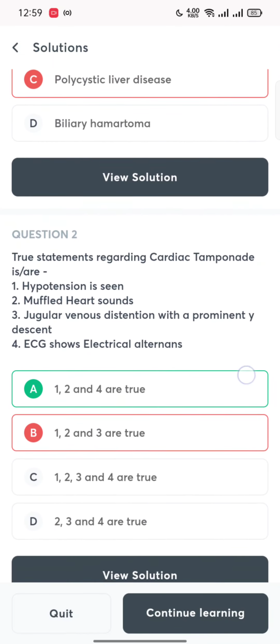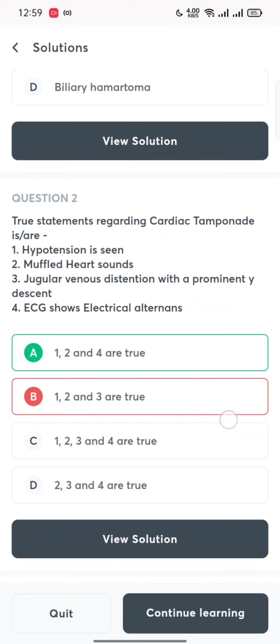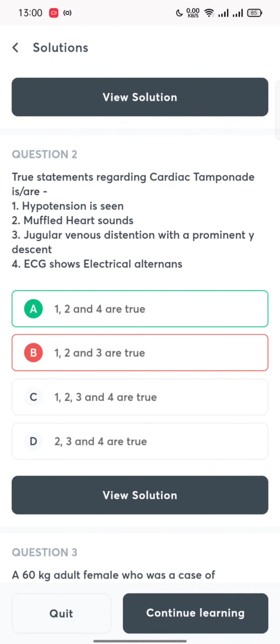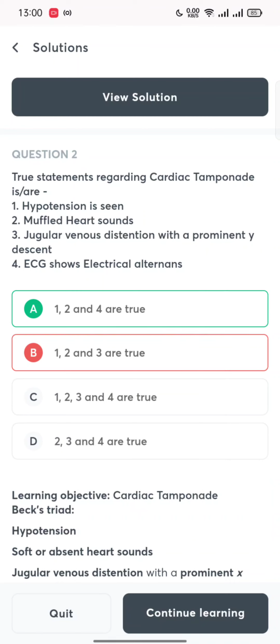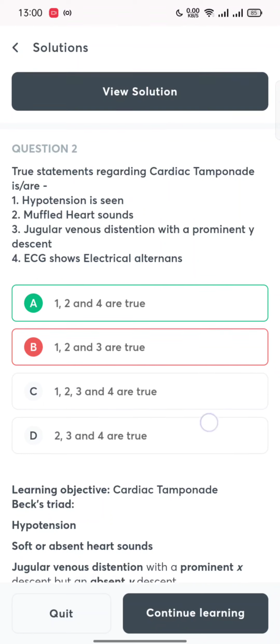The next question was: the true statement regarding cardiac tamponade is. I chose B, but the answer is A. Let us see. Here in 1 to 4, hypotension is seen, in 2 muffled heart sounds are seen, and in 4 electrical alternans is seen, but not jugular venous distension with prominent Y descent.